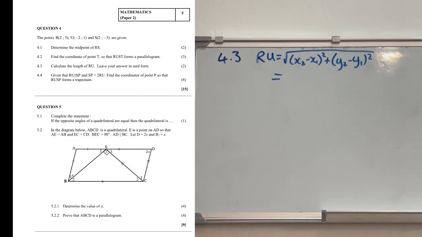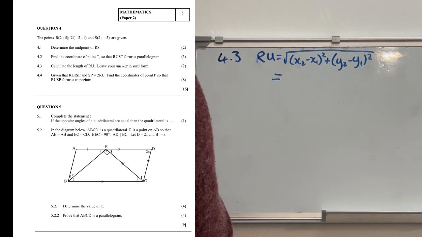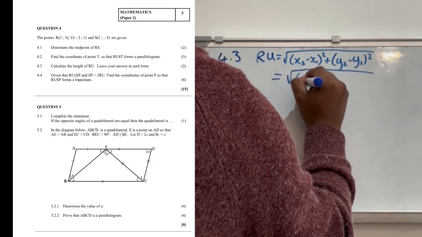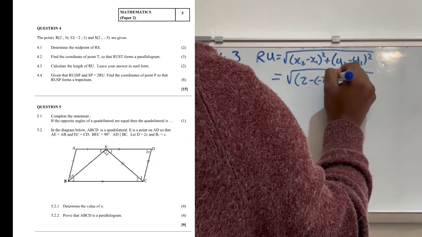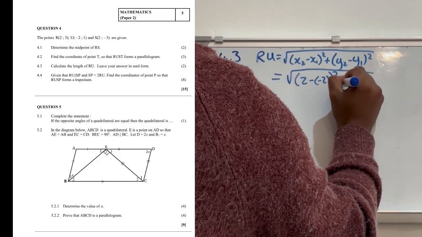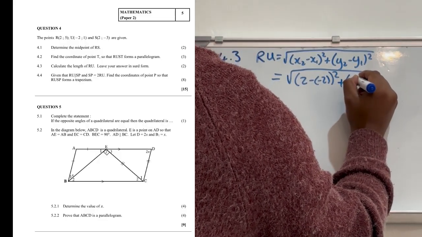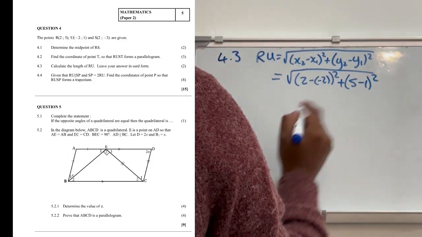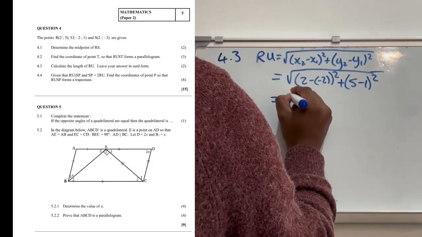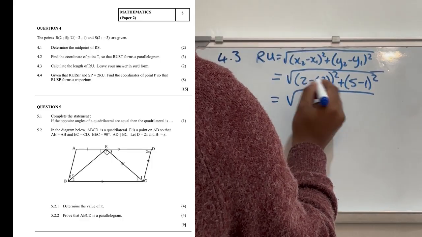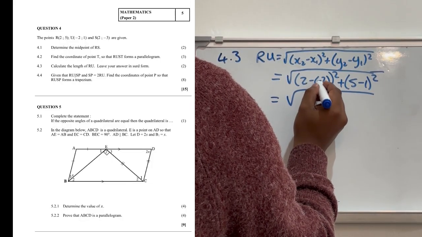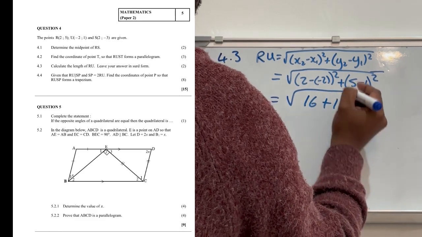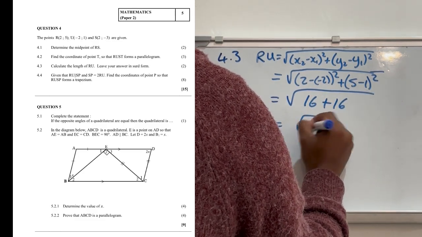So we just use U and R. So I will say that is the square root of (2 minus minus 2) squared plus (5 minus 1) squared, and then 2 plus 2 is 4, squared is 16, plus 4 squared is 16, and that is just square root 32.